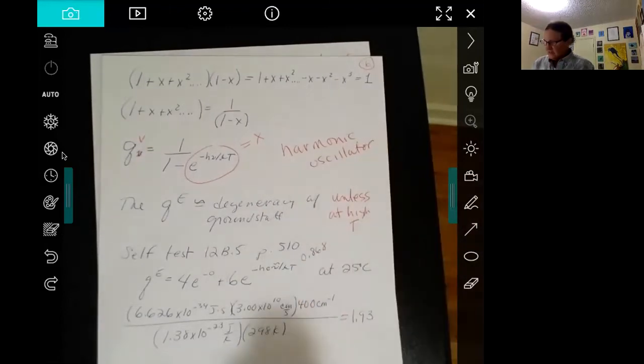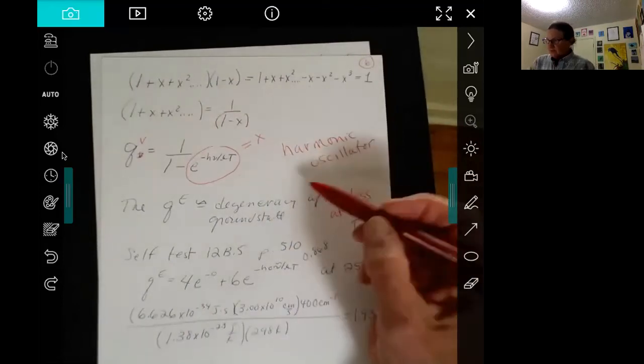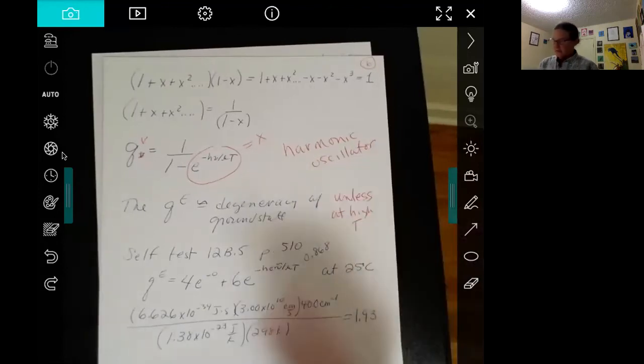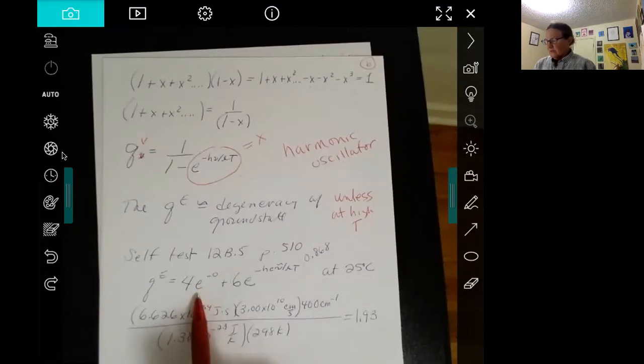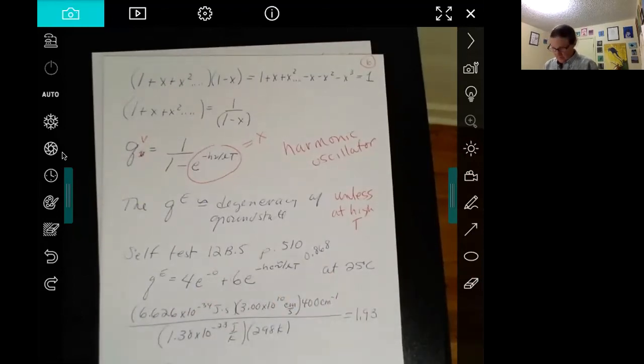And that's just saying that the only one that has any significant contribution is that ground state. So it's about equal to the degeneracy of the ground state. So if your ground state has a degeneracy of 4 times e to the 0 equals 1, this term generally will be 0 as you go up.